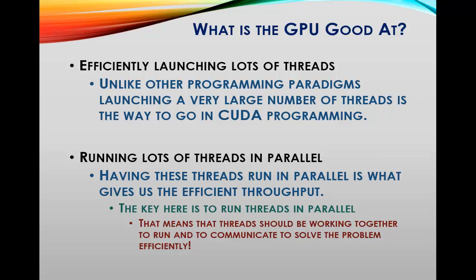So what does it mean to run lots of threads in parallel, and how is CUDA good at doing this? Having these threads run in parallel takes away a good deal of serialized computation in the form of loops that you otherwise would have to run. If you think about it, before each iteration of a loop executes, the previous iteration would have to be completed.